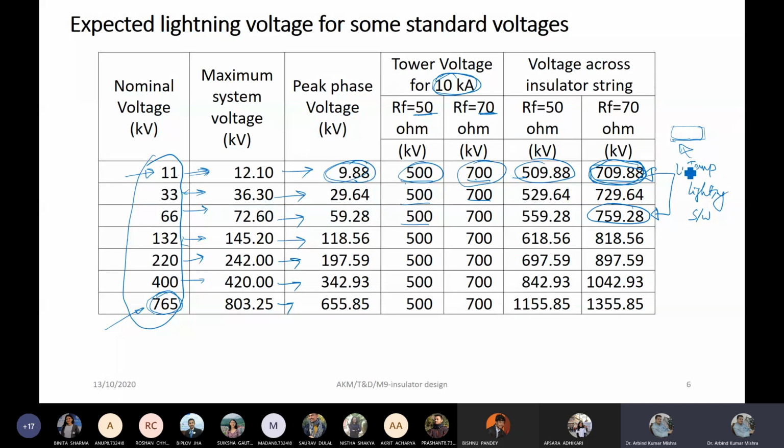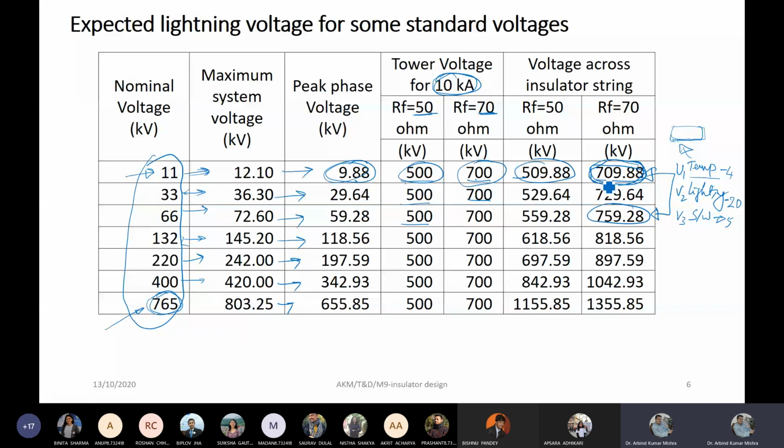Say this is V1, this is V2, and this is V3. That means the insulator should withstand all of V1, V2, and V3. Now suppose, and I will come to how later on, that for the temporary voltage we require 4 insulators, for switching we require 5 insulators, and for lightning we require 20 insulators.